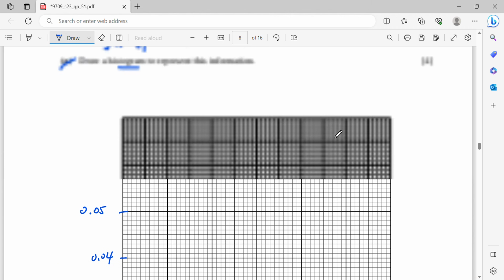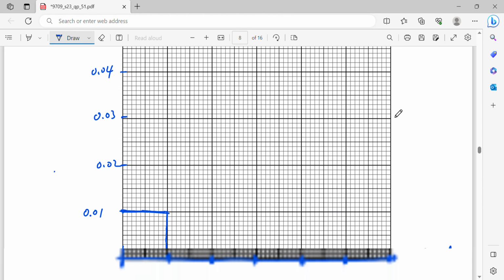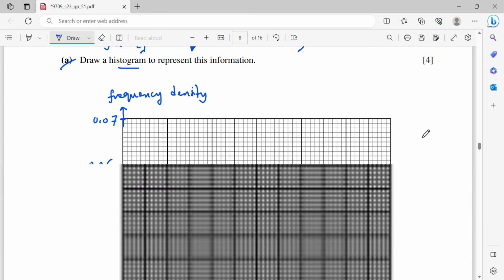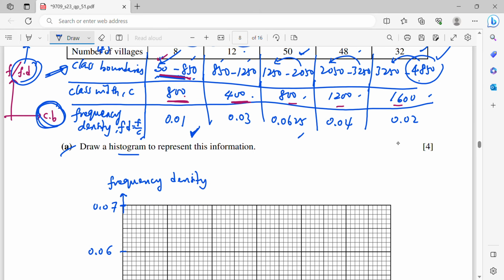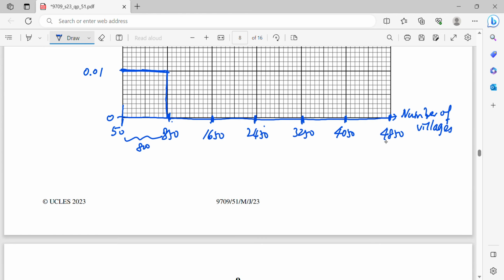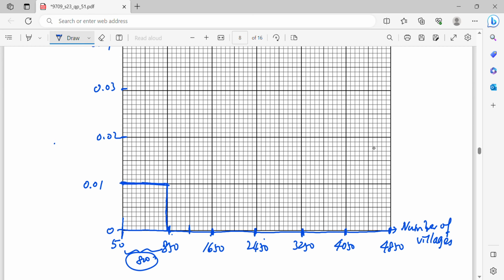Alright, then the next one is 850 to 1250, the frequency density is 0.03. 1250, the width is 400. So since 10 squares will be 800, so 400 means 5 squares. Then the frequency density is 0.03.